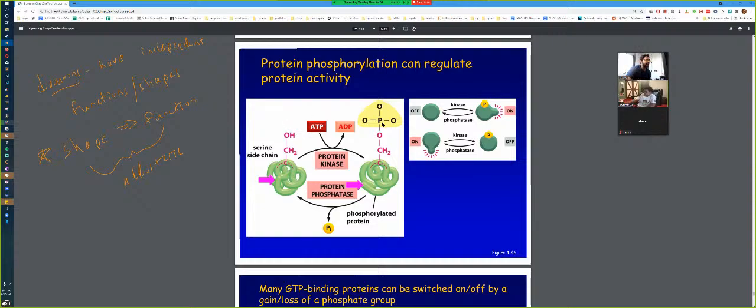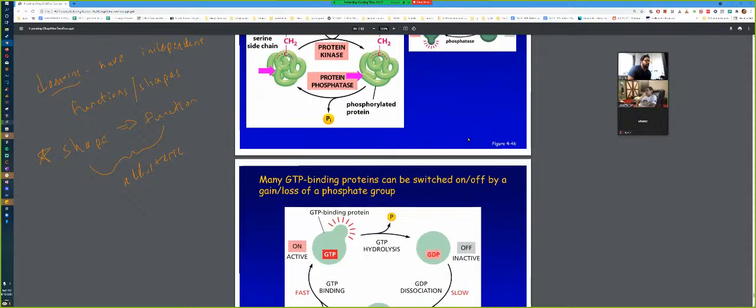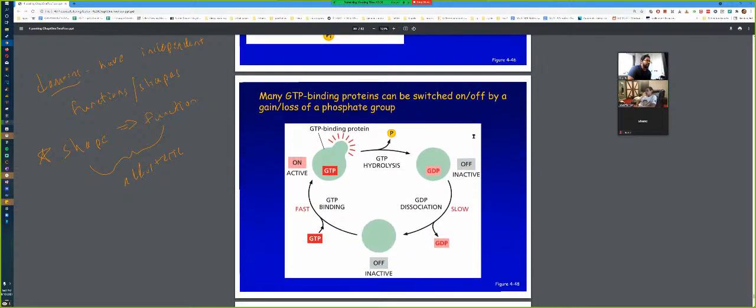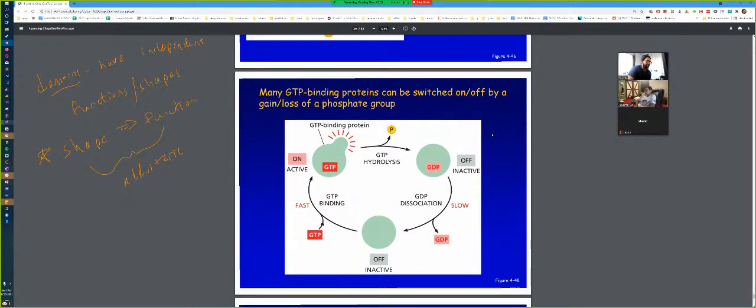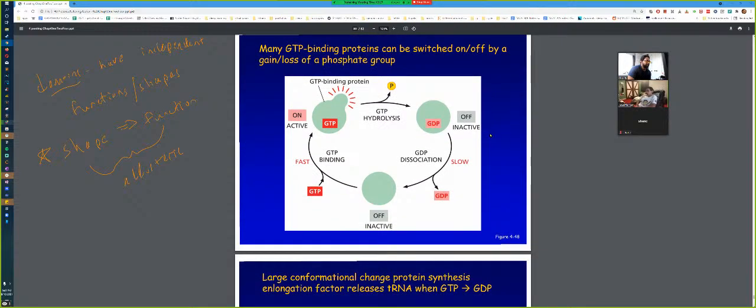So it attacks the phosphate and makes a phosphate add to that amino acid. That is how a protein can be phosphorylated. It happens all the time in biochem through something called a kinase. So things can turn on or off based on a gain or loss of a phosphate group.